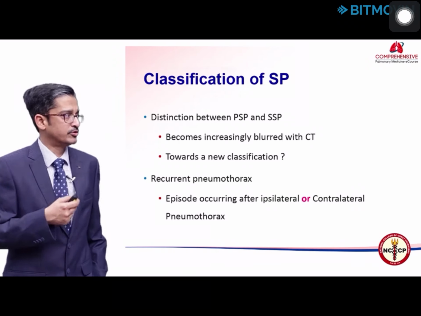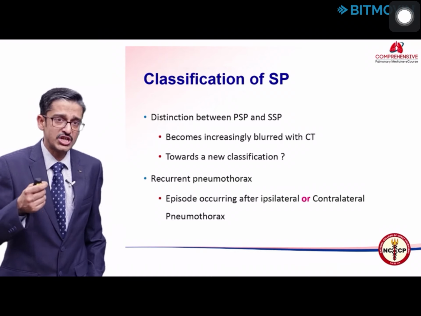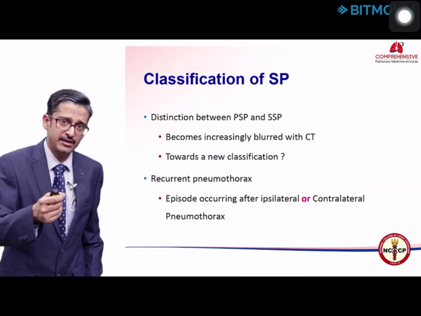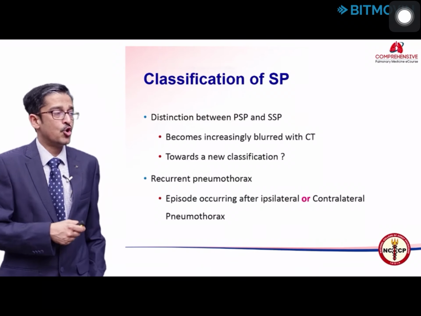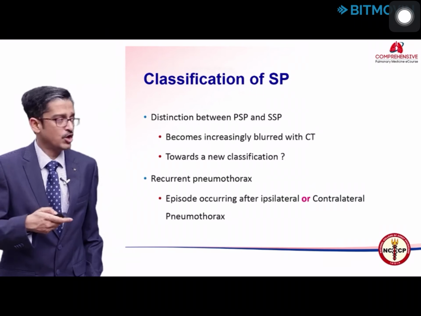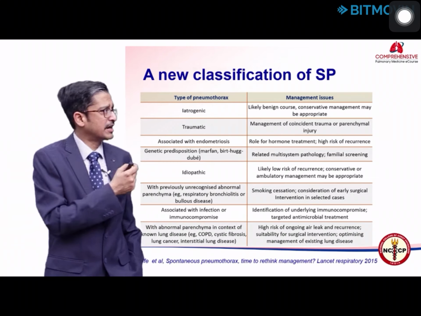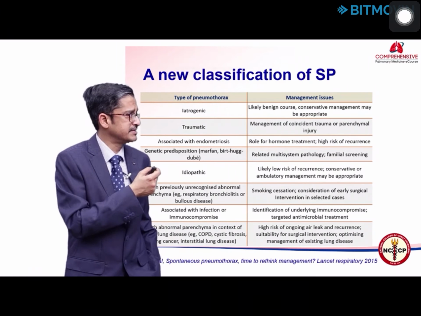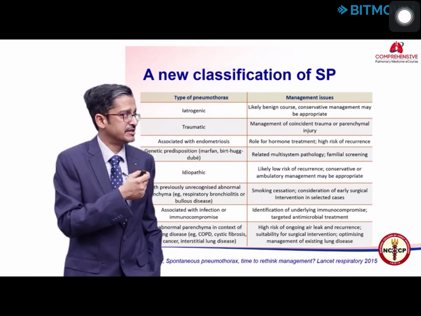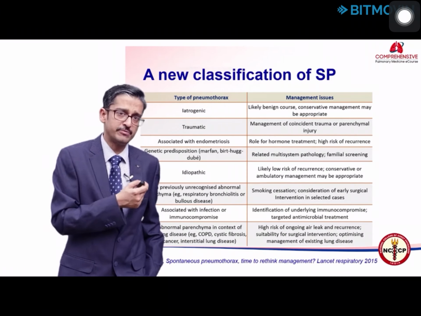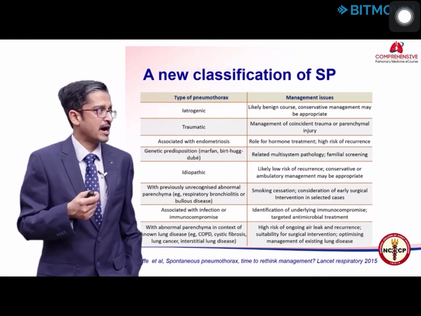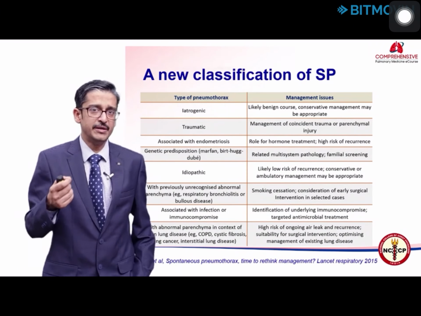So recurrent pneumothorax is an episode which occurs on the same side of a prior pneumothorax, or a contralateral pneumothorax. In the new classification of pneumothoraces, there are these different types, and we've actually talked about most of these before. So iatrogenic is probably the best.